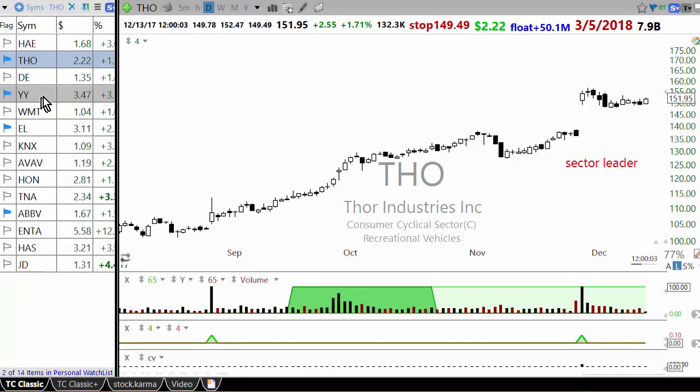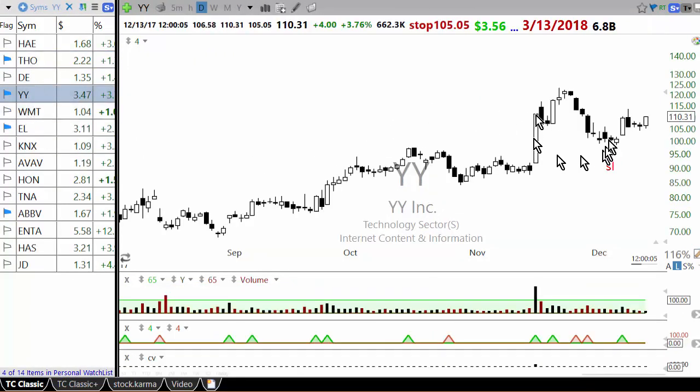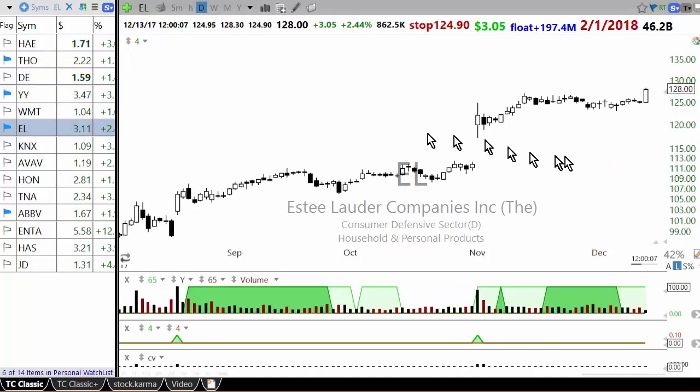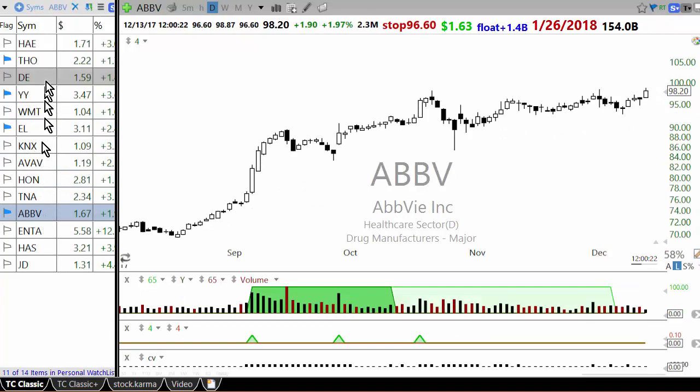So you have THO, which has got growth character. You have YY with a growth character. Basically they have an 85 plus EPS rating and an 85 plus relative strength rating by IBD. So you might decide you want to select based on that.